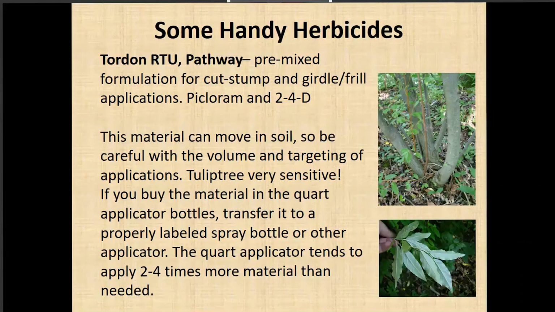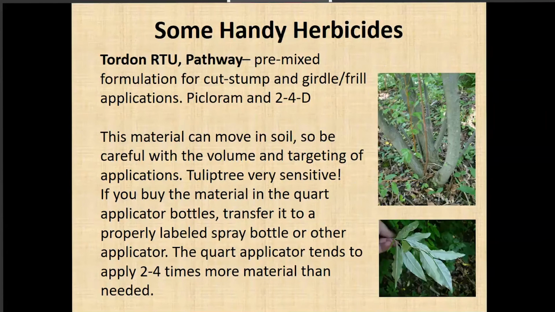One of the things we found is that this is somewhat mobile in the soil and relatively long-lived. So you need to be careful with how much of this material you utilize on a site. I tend to steer away from it when we've got lots and lots of invasive species per acre. We're going to be treating a lot of surface area with this, and that means a lot of herbicide per acre.